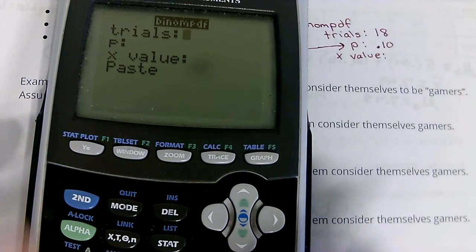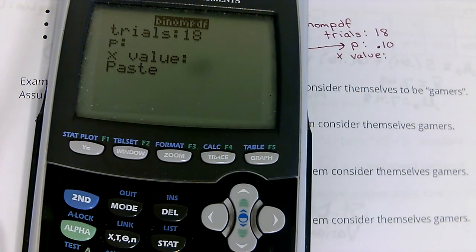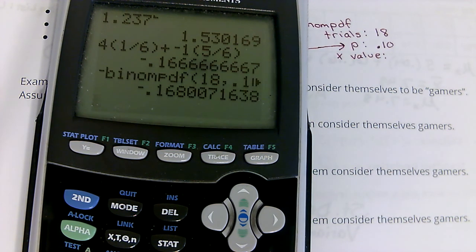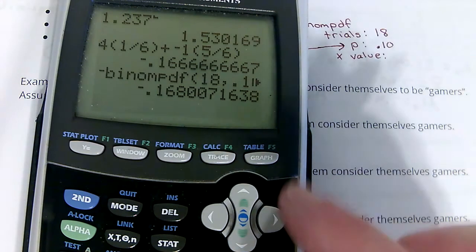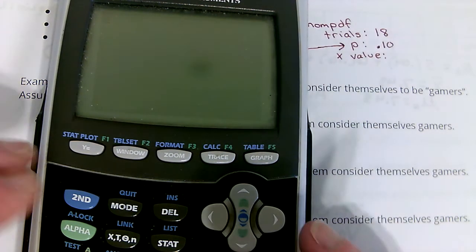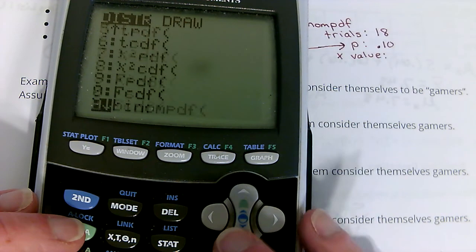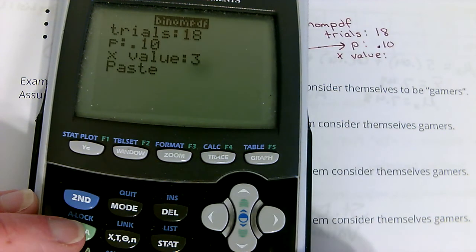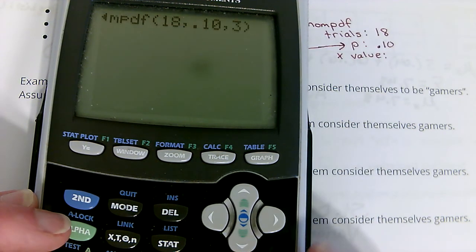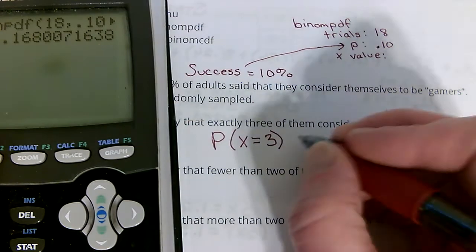We want to know the probability of exactly 3 people saying that they consider themselves gamers. Oh, I had a negative from a previous problem. That's not good. Let's clear that. 0.168.